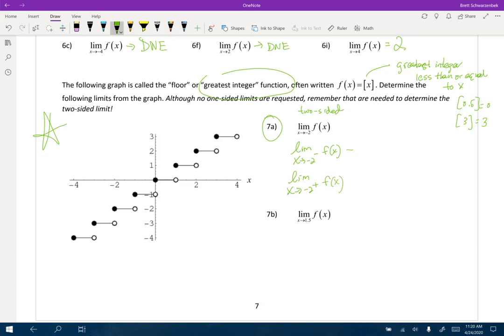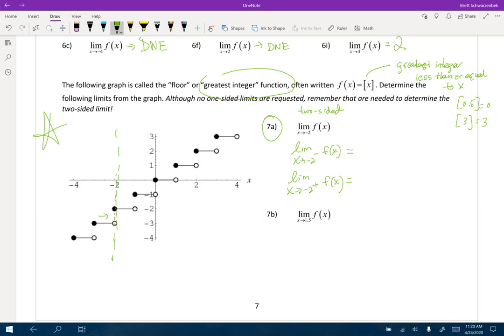Okay, let's find those. If we go to our graph, basically -2 is located right here. We need to find the height where we're approaching -2 from the left side. If we're approaching this barrier from the left, as we approach the point or lack of point at that barrier, what is the height?